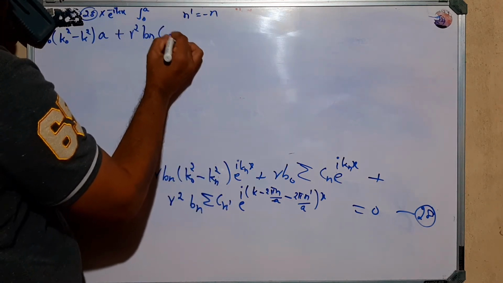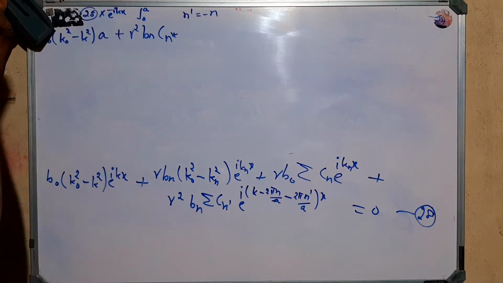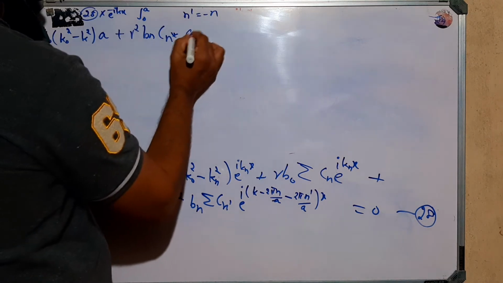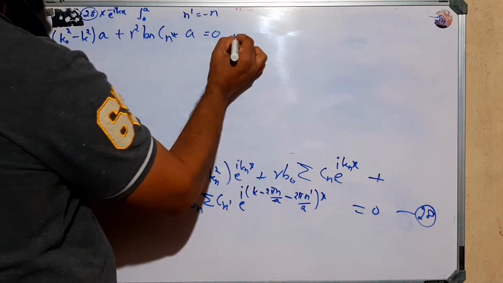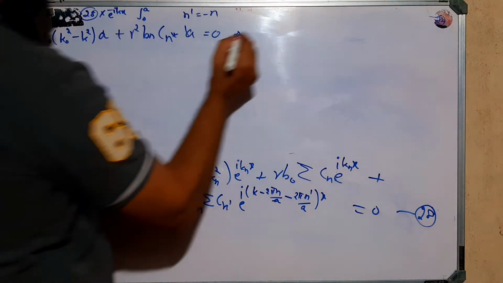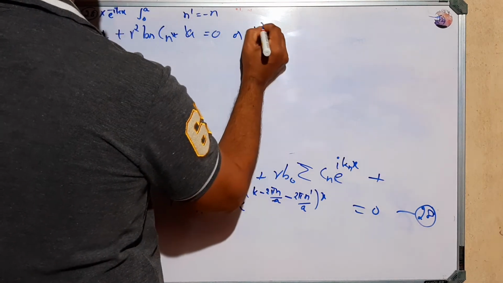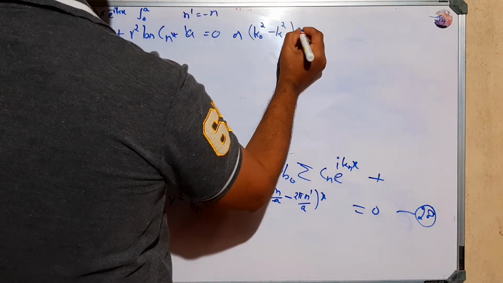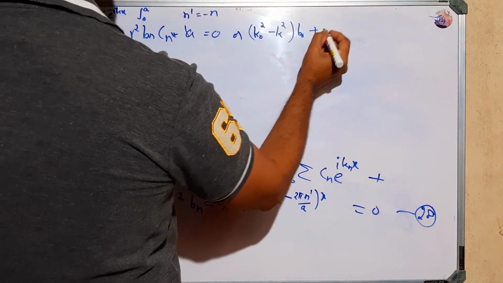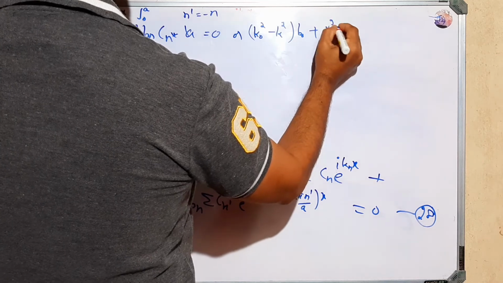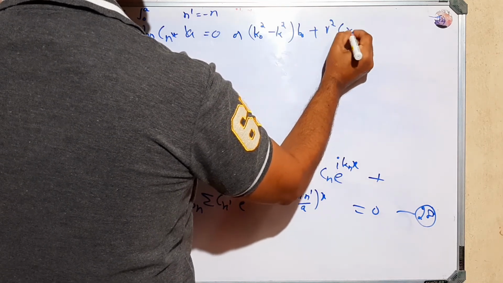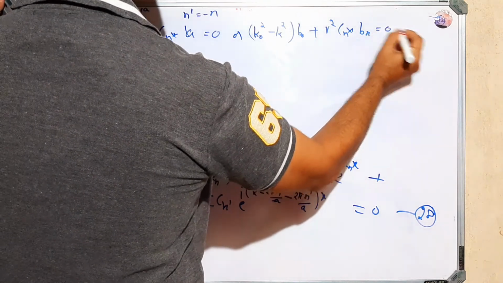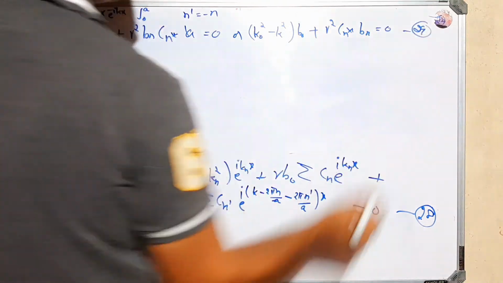I am just writing this as cn star, already we have written this earlier also, into a is equal to 0, or a gets cancelled. I can write this as k naught square minus k square into b naught plus gamma square cn star into bn is equal to 0. This is equation number 29.